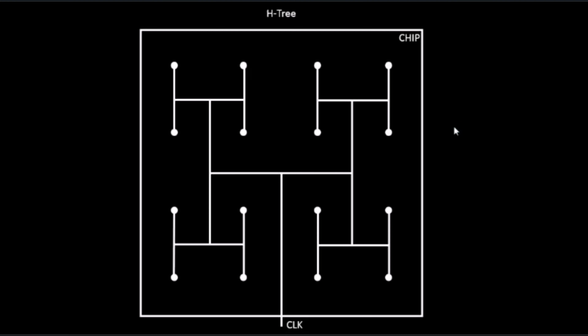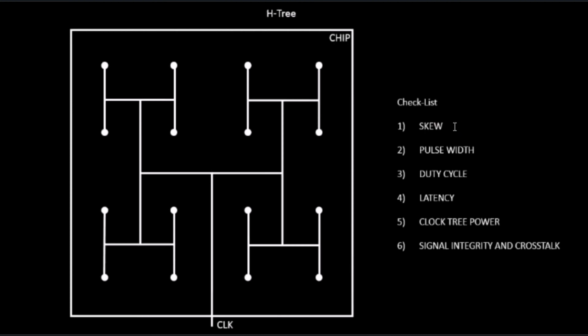Let us start with some of them. We had listed 6 quality check parameters, and we will start with skew. Skew, as we said, is basically the time required for the clock to reach the launch flop and the time required for the clock to reach the capture flop, and the difference between those times should be exactly 0.